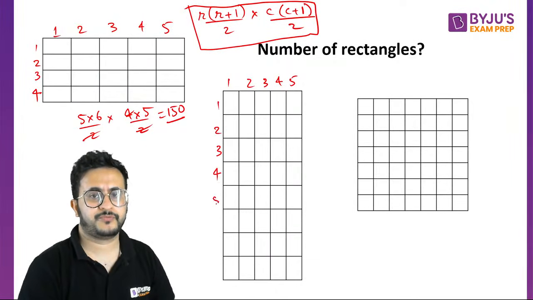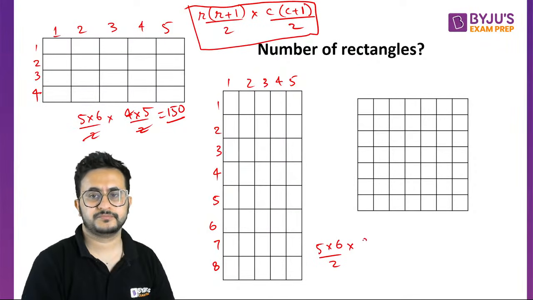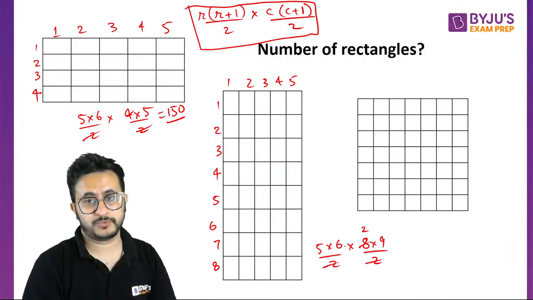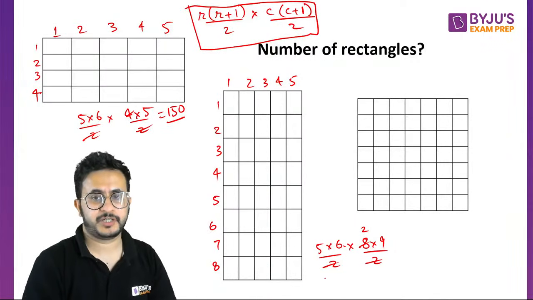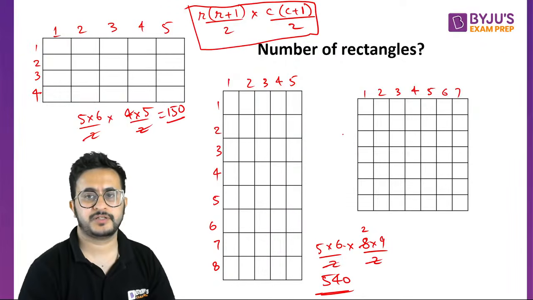Okay, in this case it will be 1, 2, 3, 4, 5, 6, 7, 8. So 10 into 54, 540. And in this scenario, 1, 2, 3, 4, 5, 6, 7.